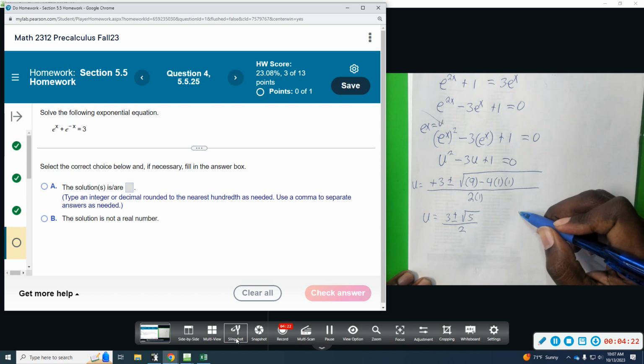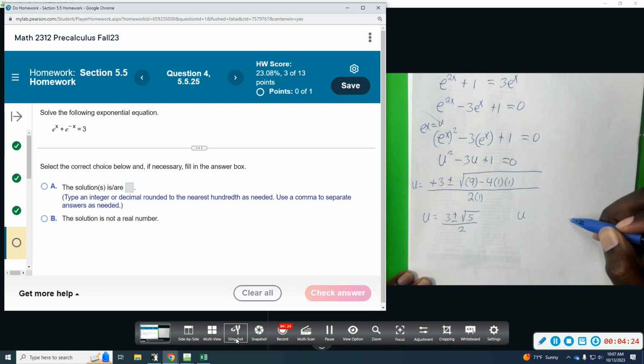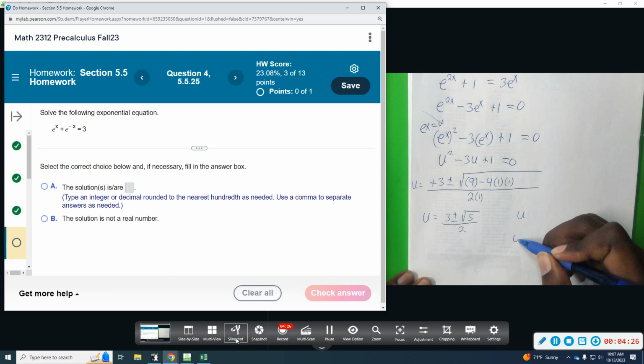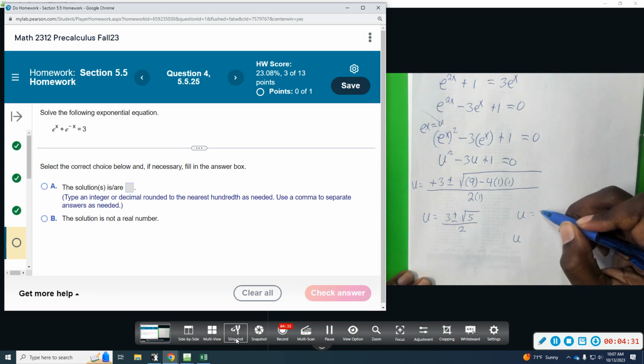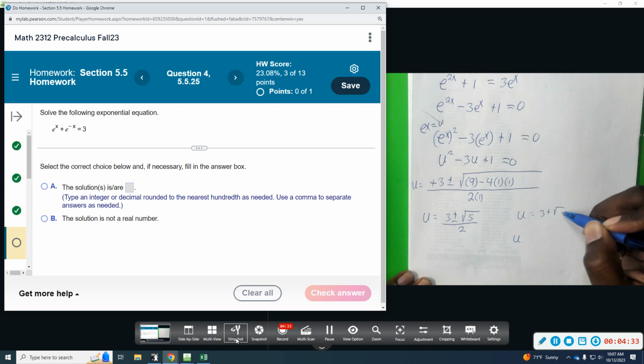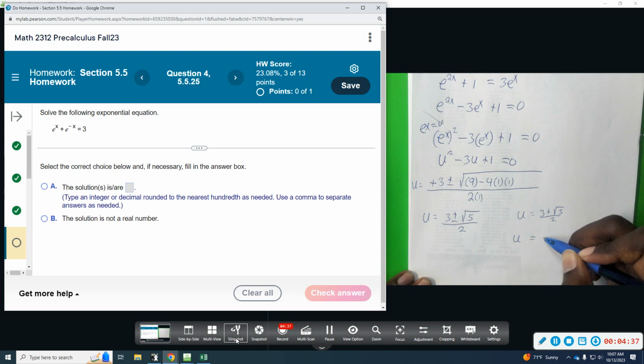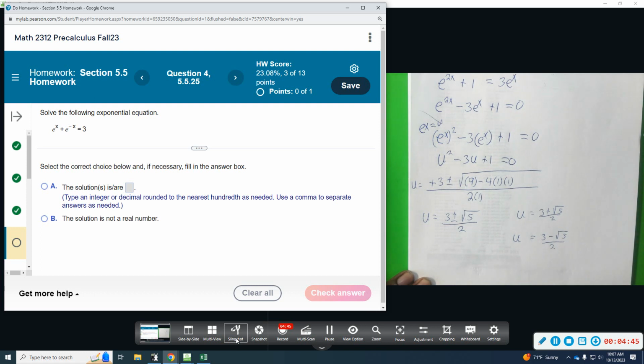Now that we have these u's by themselves, we can replace them with e to the x because that's what we started with. We got u equals 3 plus square root of 5 over 2, and then we have u equals 3 minus square root of 5 over 2. And then we have to convert this back to e.